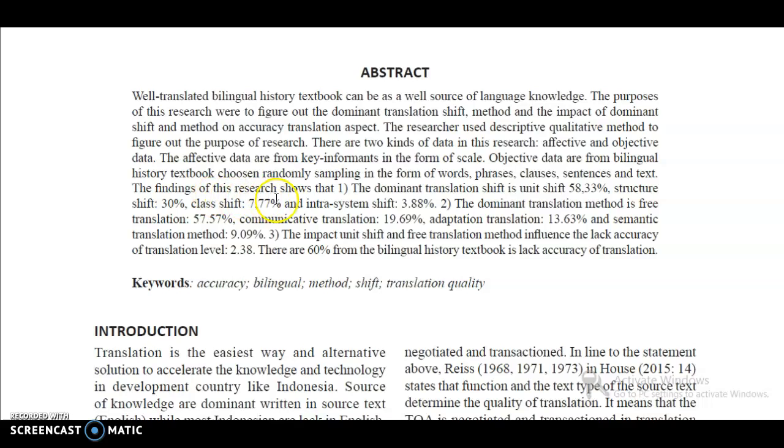The findings of this research show that the dominant translation shift is unit shift. Structure shift 30%, class shift 7.77%, and intra-system shift 3.88%. Okay, we are focused on the shift.